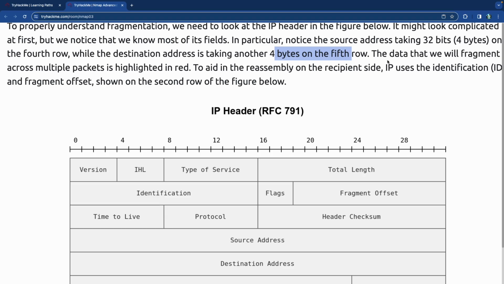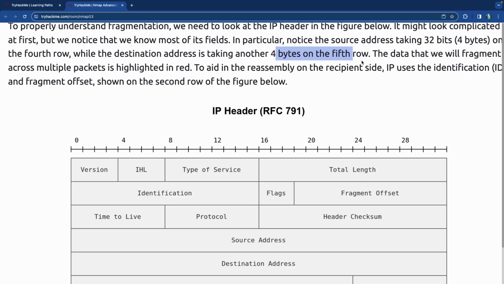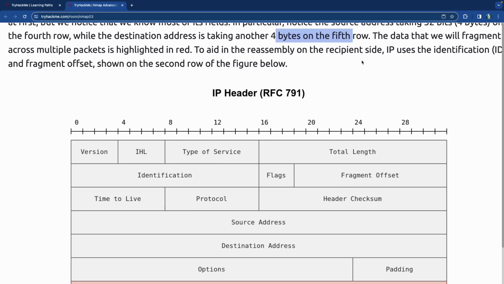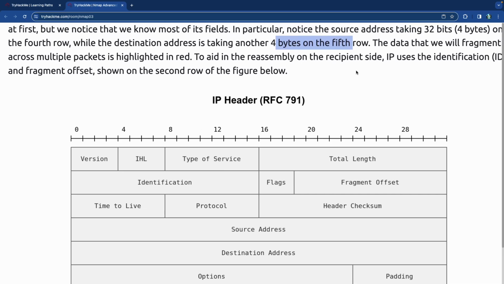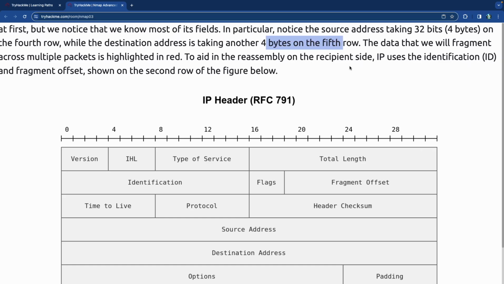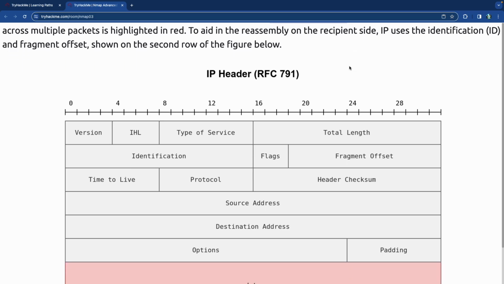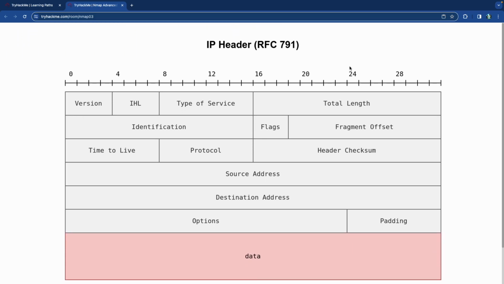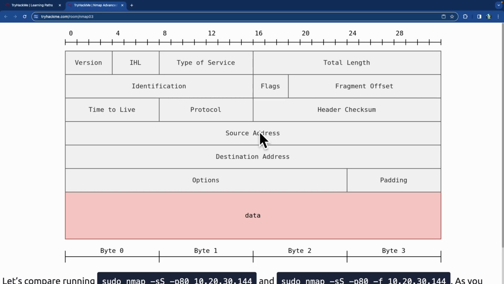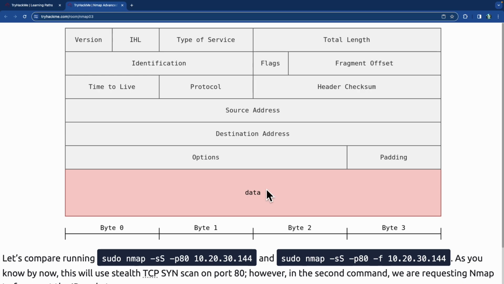The data that we will fragment across multiple packets is highlighted in red to aid in the assembly. On the recipient side, IP uses the identification and fragment offset shown on the 2nd row of the figure below.